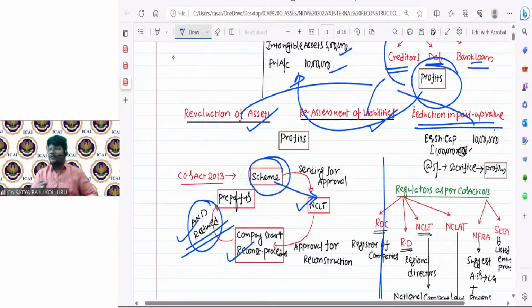This is what generally happens as a legal procedure as per Companies Act 2013. So what I want to tell here is that the internal reconstruction procedure does not happen in a single day. It may continue for a number of years, because getting people to accept the terms and conditions is not that easy a task.